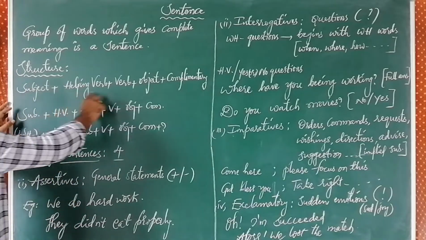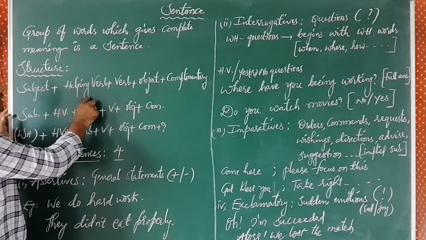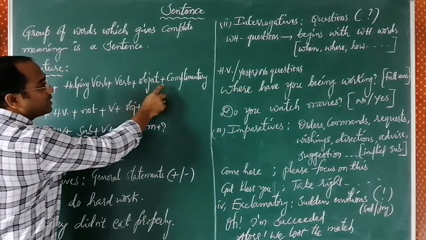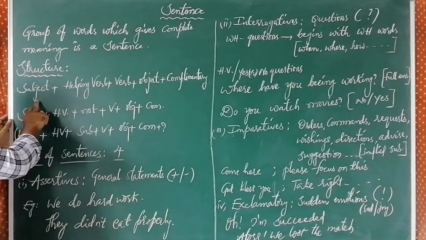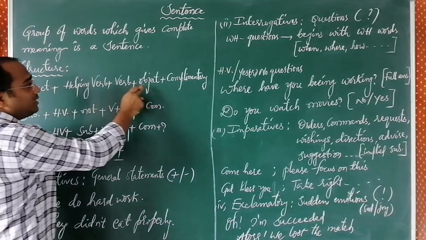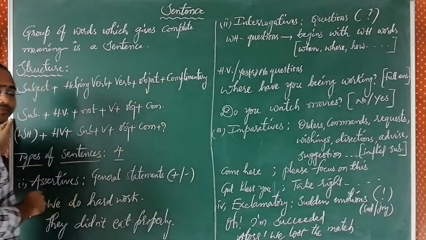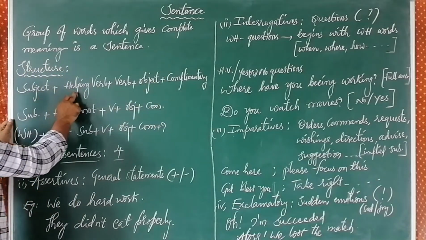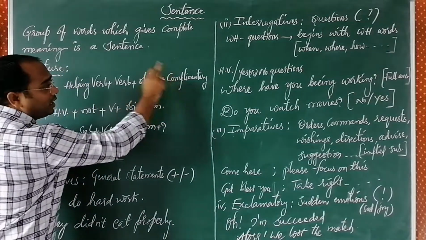If you observe this sentence: subject, helping verb, verb, object, complementary. We are playing cricket now.